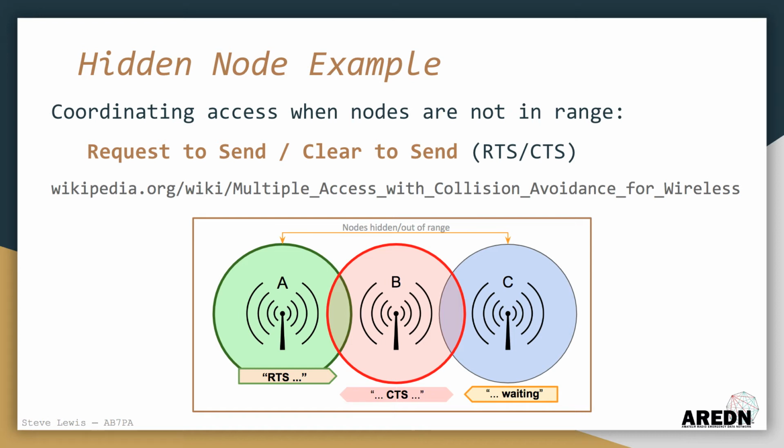Node B will receive that request and then it broadcasts a clear to send message for that time slot. Node C couldn't hear the original request to send, but it can hear the clear to send message. So it will wait during that time slot before attempting to transmit its own data. You can find additional information about this mechanism at the URL shown here.